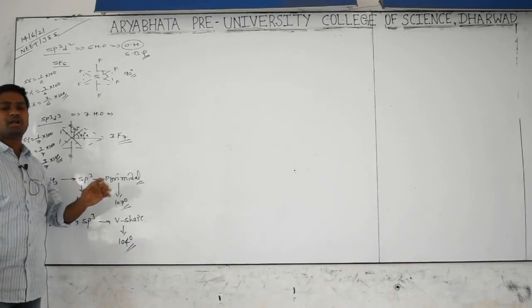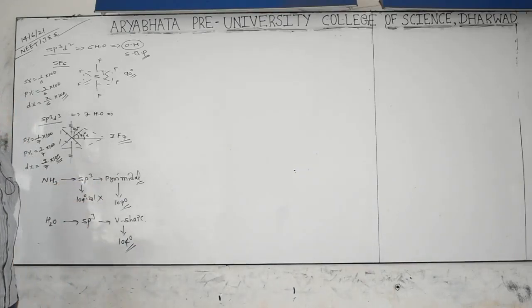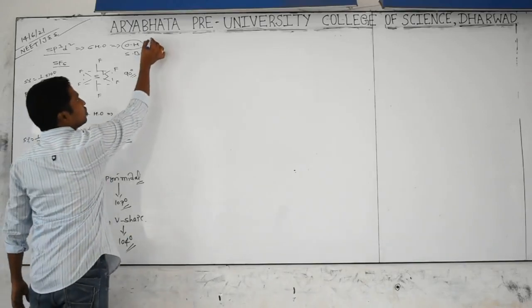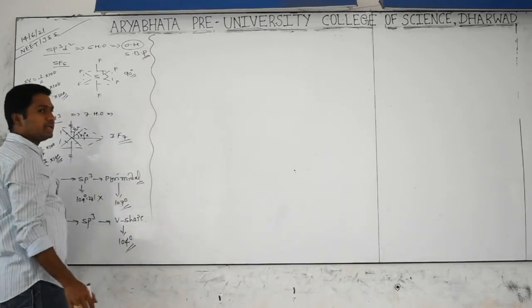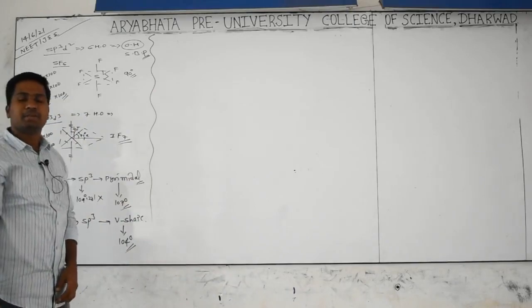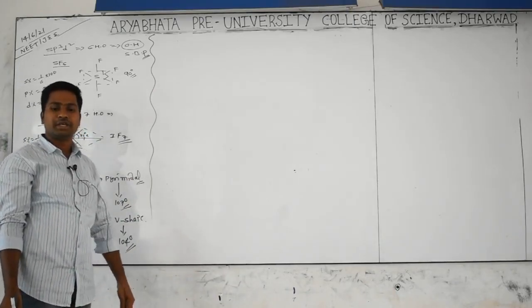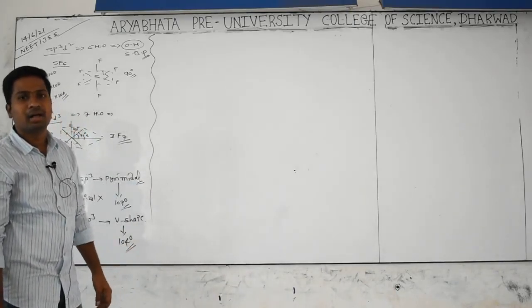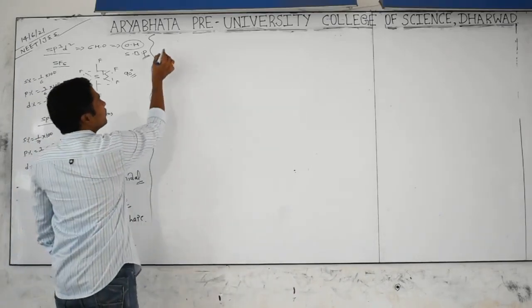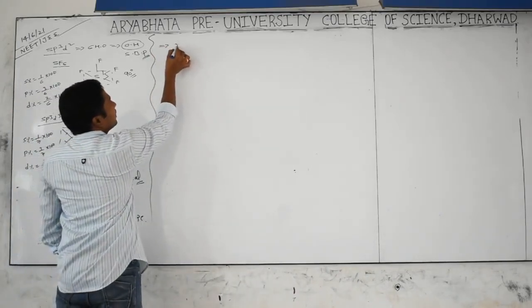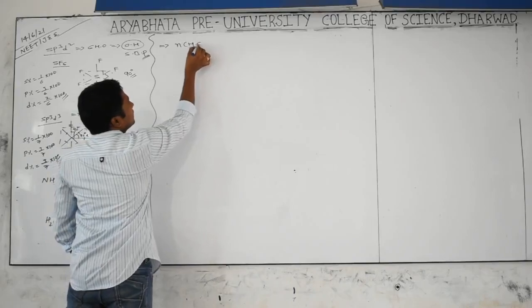This concept is not explained by hybridization, so we have to go for one more theory to explain the shapes and bond angles, and how they change when the molecule contains lone pairs. Before that, I want to tell you one formula for hybridization. This is very important.